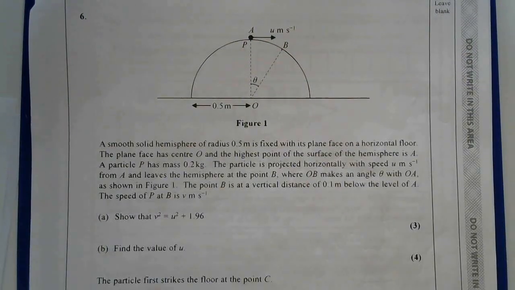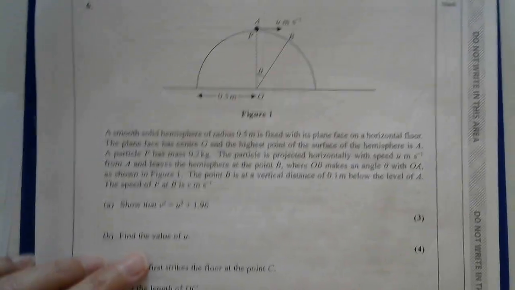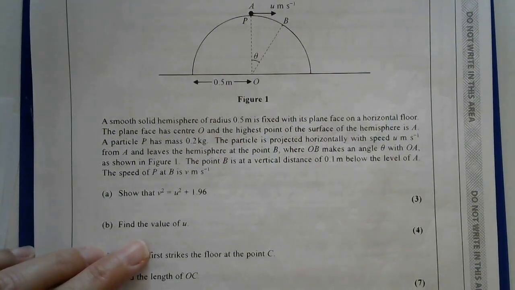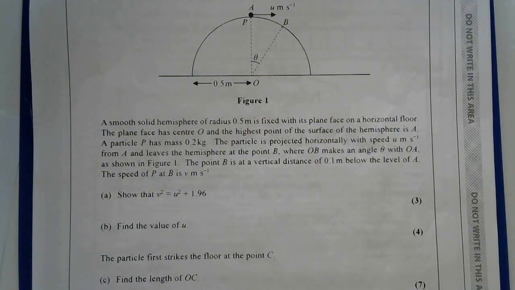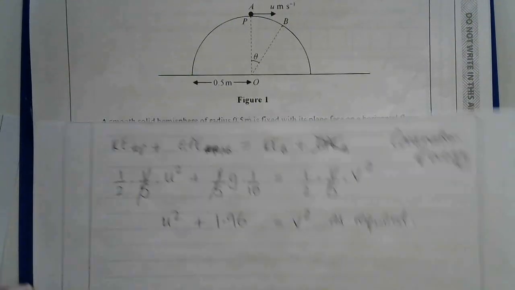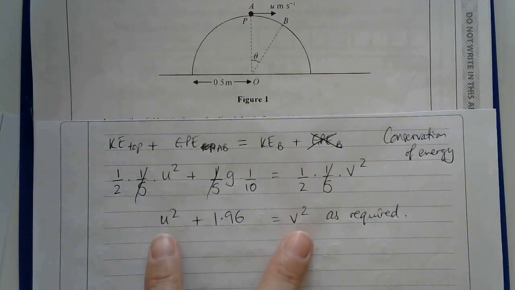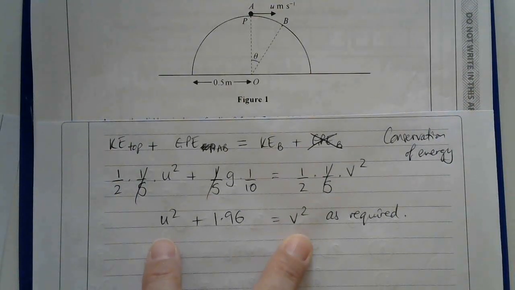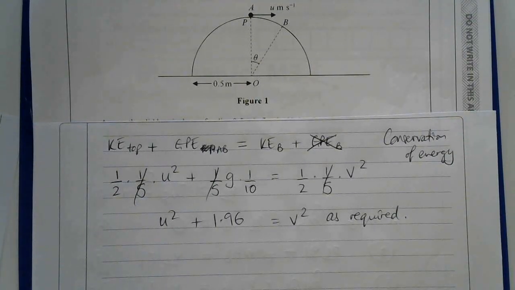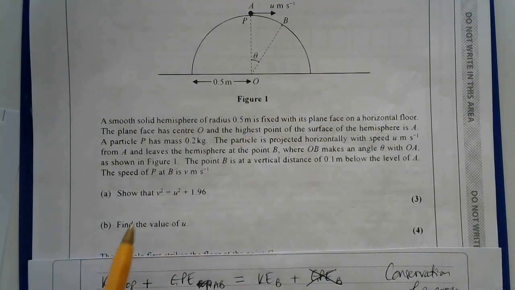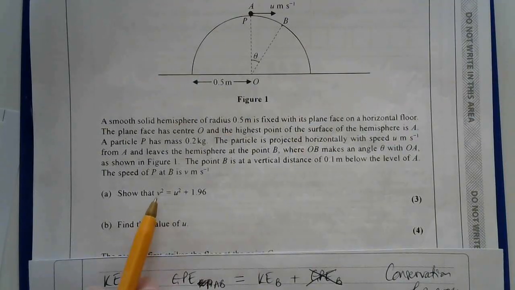Okay, then in part B it says find the value of u. So in order to find the value of u, well, here I've got an equation with 2 unknowns, so therefore I'm going to need another equation with u in it somehow. So actually what I want to do is eliminate v squared, so I need another equation with v squared in it.